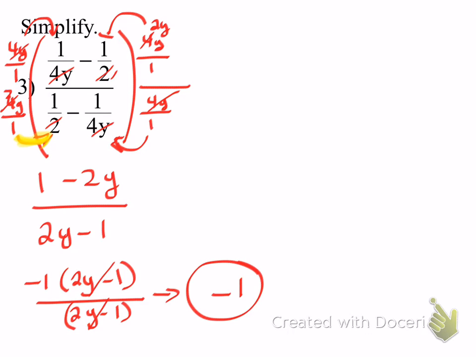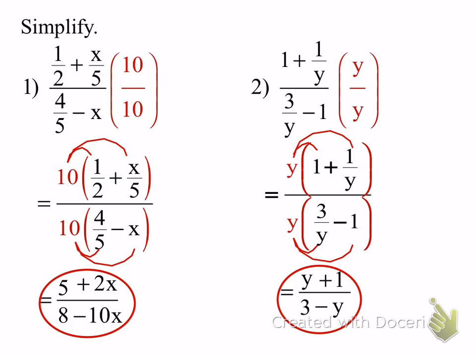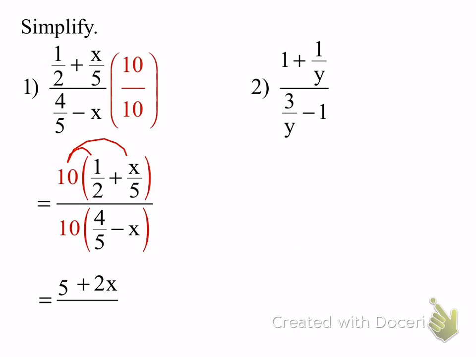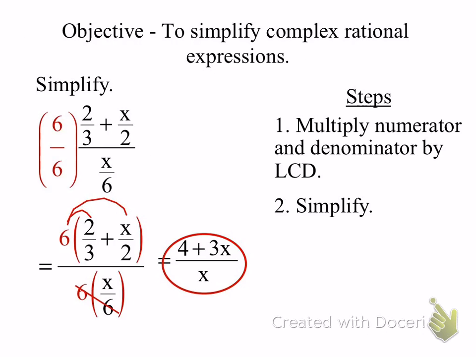Just to clarify, when we did the first example of the 4 plus 3x over x, you can't cross out the x's, but in the problem you just did, you can.